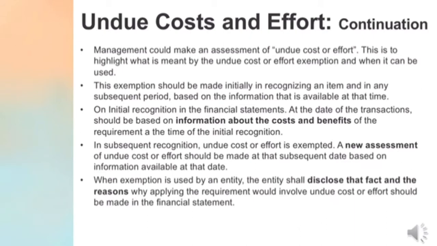On initial recognition in the financial statements, at the date of the transaction, it should be based on information about the cost and benefit of the requirement at the time of initial recognition. In subsequent recognition, if undue cost or effort is exempted, a new assessment of undue cost or effort should be made at that subsequent date based on information available at that date.